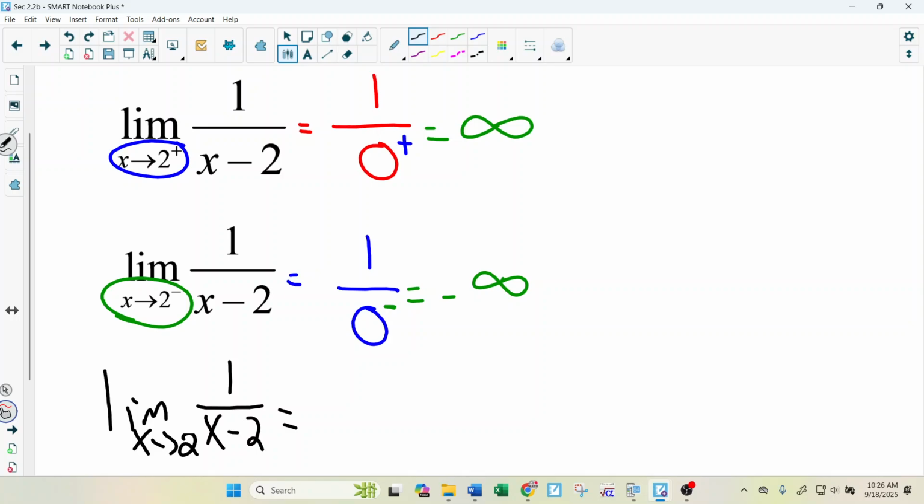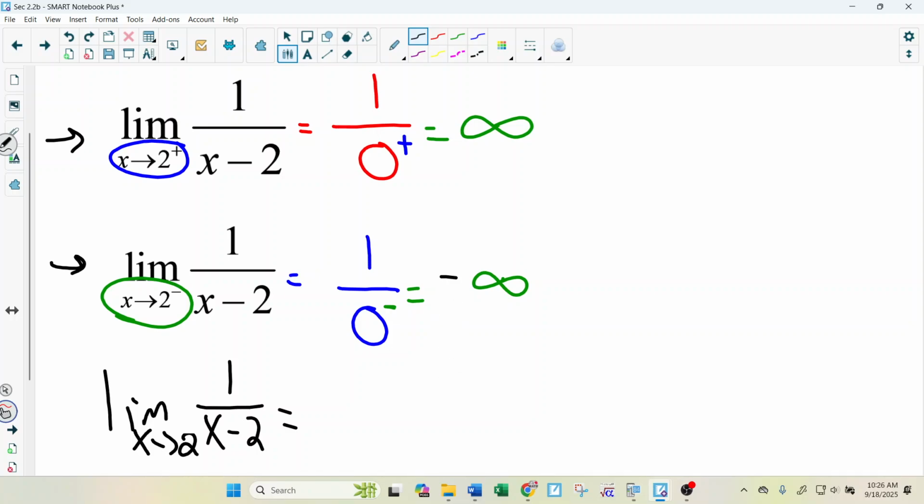The positive and negative are the same. So if the limit from the right equals the limit from the left, then the limit at the point has to be the same thing, right? Yeah. So is our limit from the left equal to our limit from the right? Up here, is our limit from the left equal to our limit from the right? One's going to infinity, one's going to minus infinity.